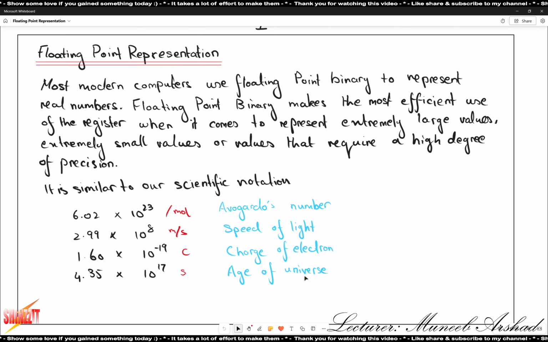And students who take physics or let's say math, they are pretty familiar with the scientific notation. So I've taken a few examples, the standard scientific notations or the values that we use for Avogadro's number, speed of light, charge of electron, age of the universe, and their respective units as well. So you can see the values, they are pretty large or pretty small. The charge of electron is pretty small, 1.60 into 10 raised to power minus 19, right?